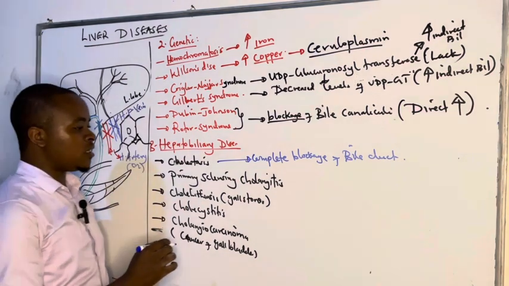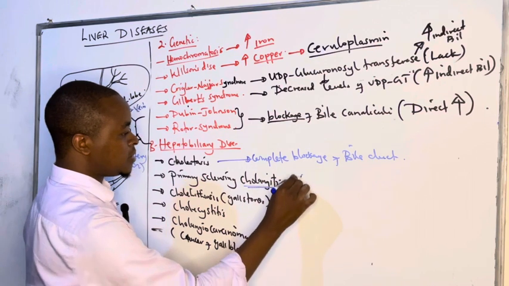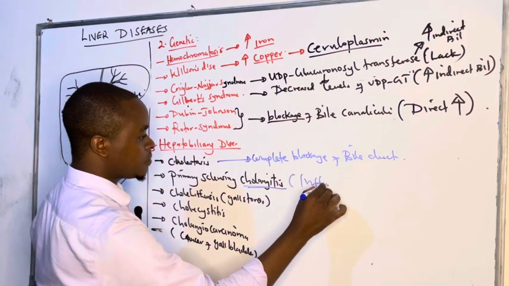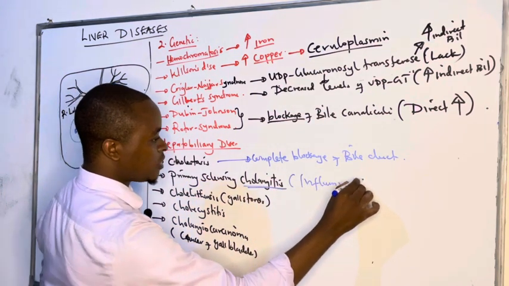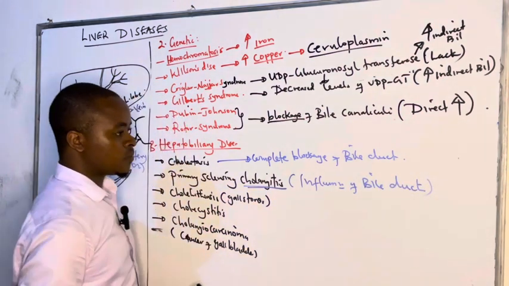Then primary sclerosing cholangitis. Cholangitis is inflammation of the bile duct.